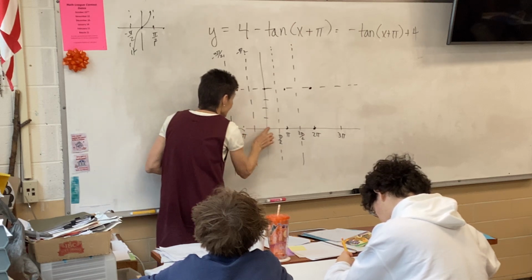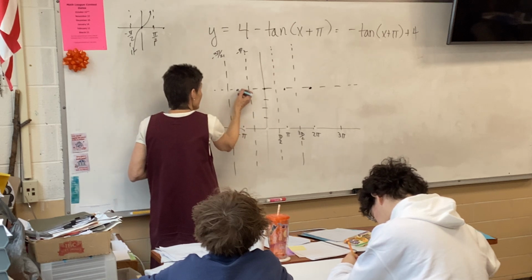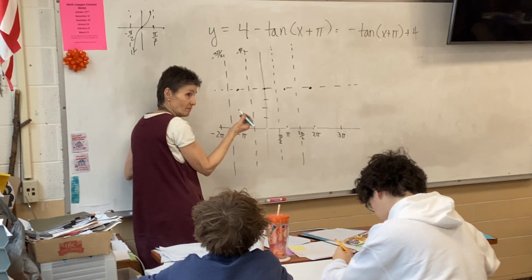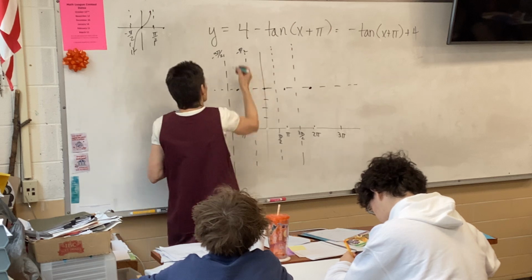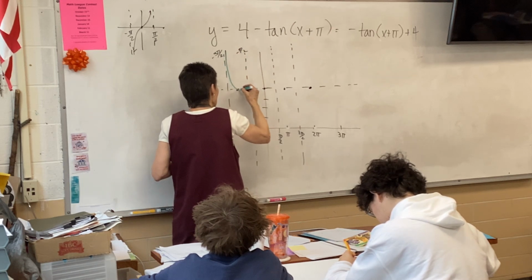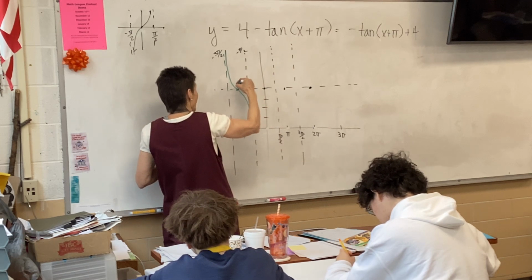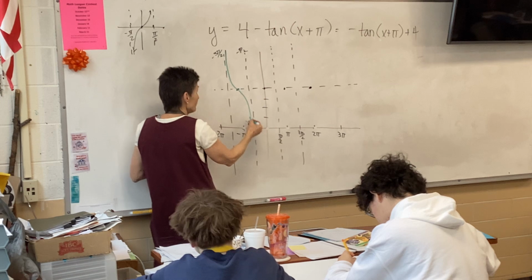Now, when you sketch in your curve, remember these points right here are the points of inflection. So we're upside down, so we're coming in from the top, and then that's where we're curving. So that's where you go from being concave up to being concave down.